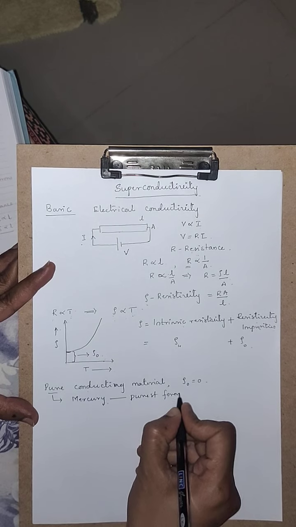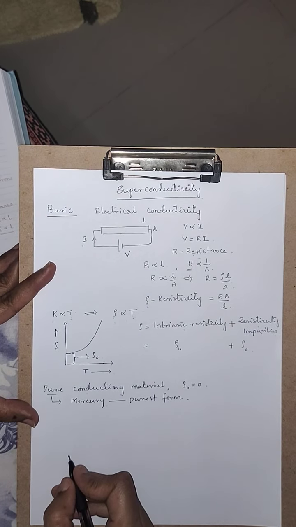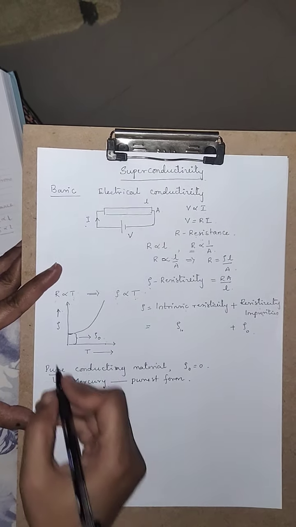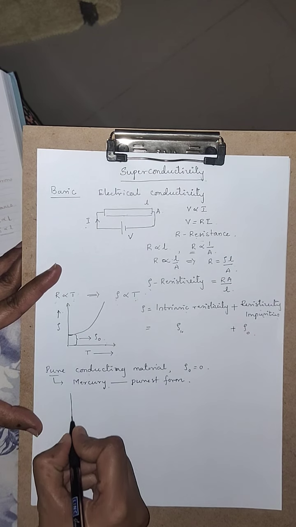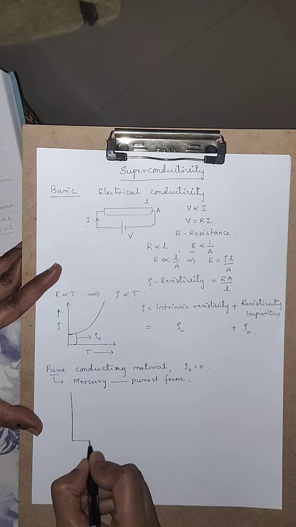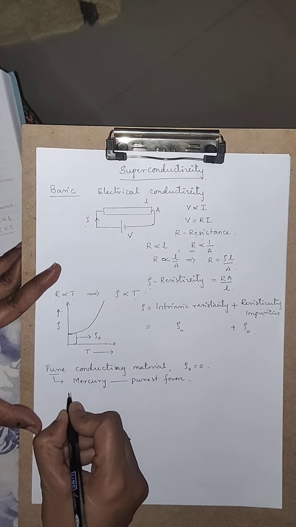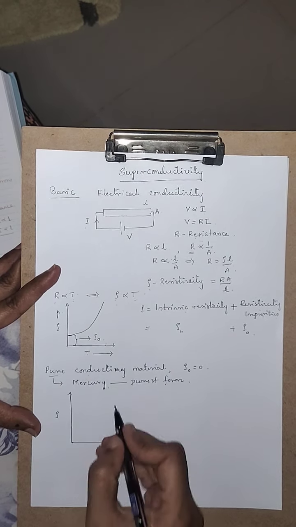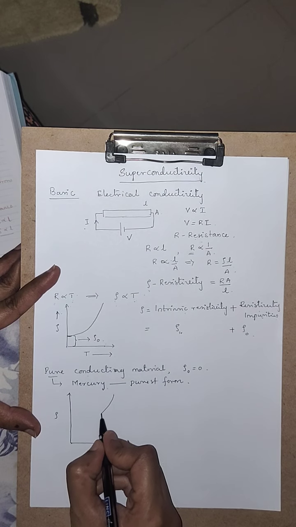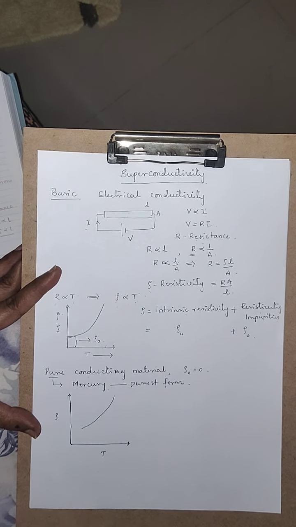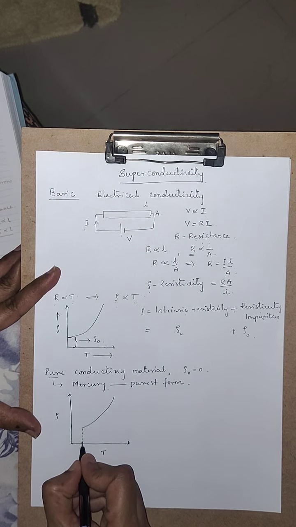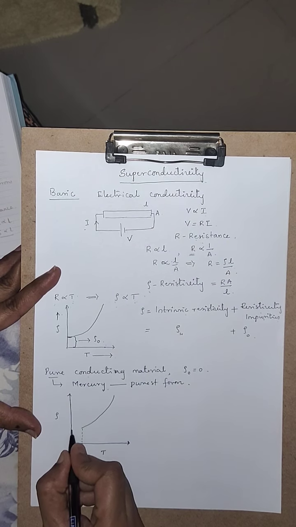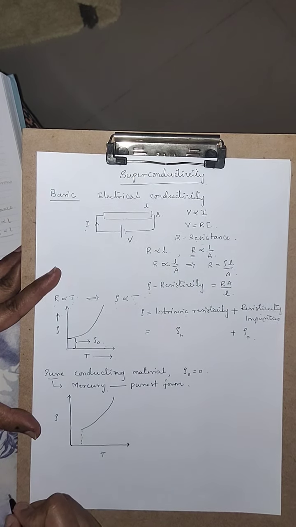So this material was taken for the experimentation, the temperature was changed experimentally, and resistivity was noted for different temperatures. As the temperature in this case was reduced, at a particular temperature the resistivity completely turns to zero.